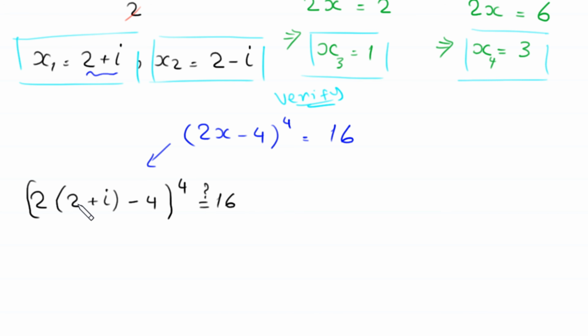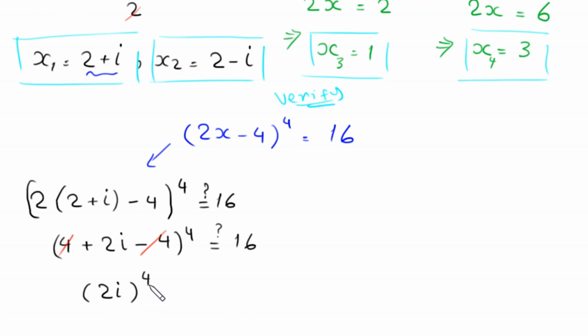Now this 2 times 2 will become 4, and 2 times plus i will become plus 2i, minus this 4, and the whole to the power 4, is it equal to 16? Now this positive 4 will be cancelled out with this negative 4, and here we are left with (2i) to the power 4.